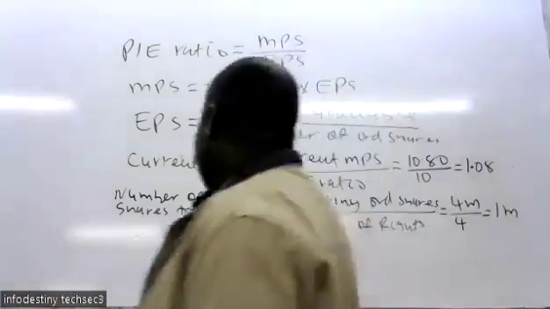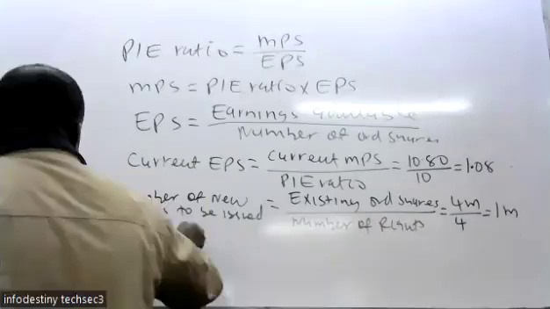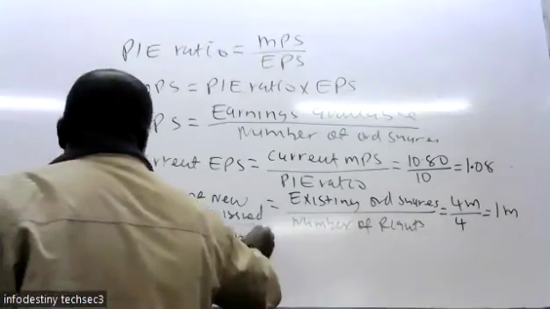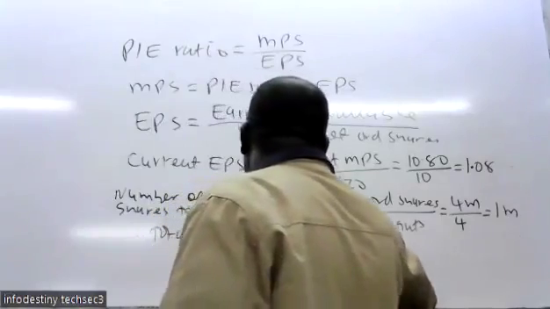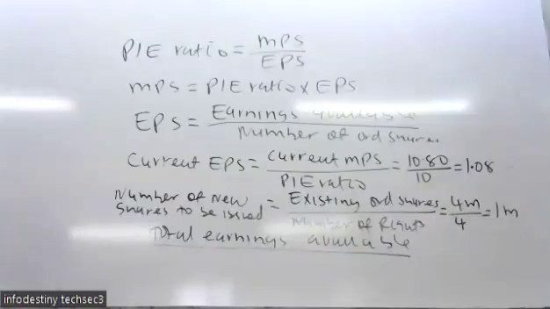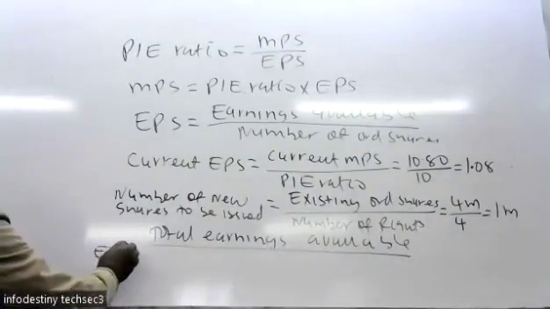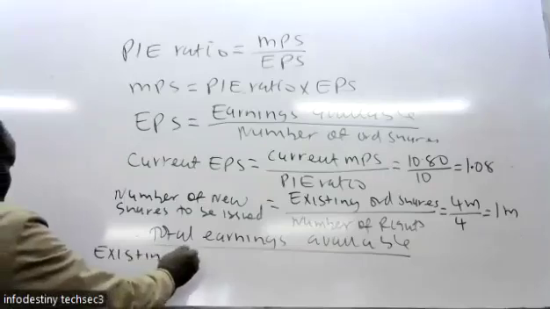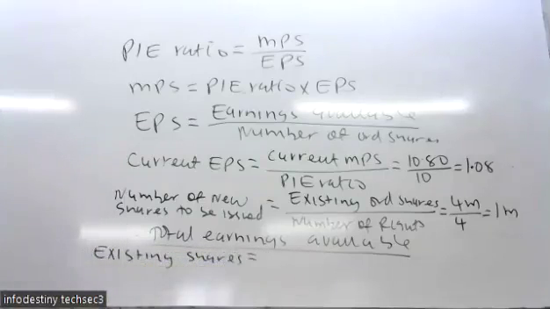We now get the total earnings available. To get the total earnings available, we start with the existing ordinary shares.